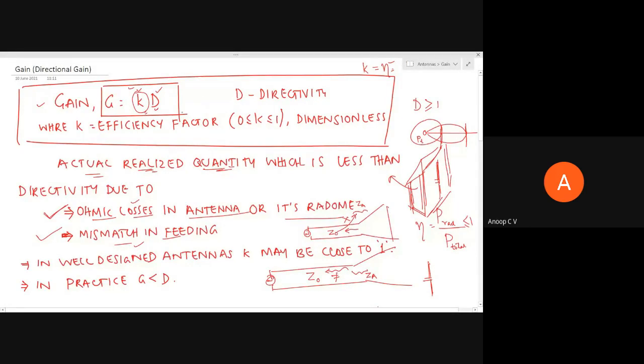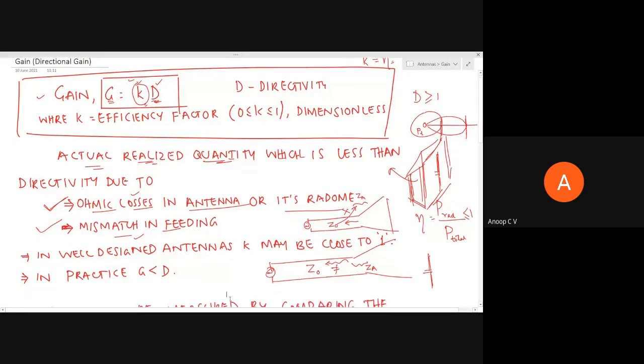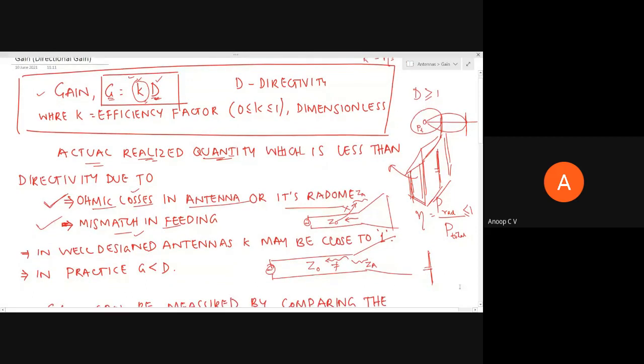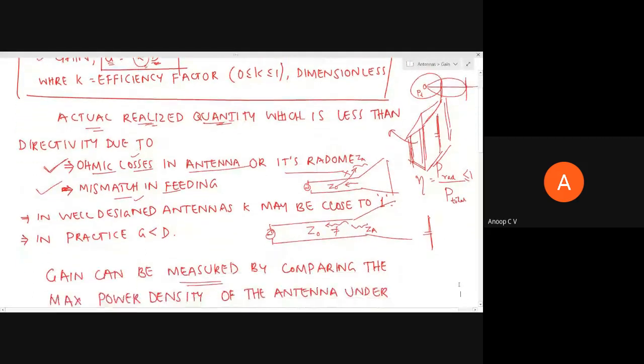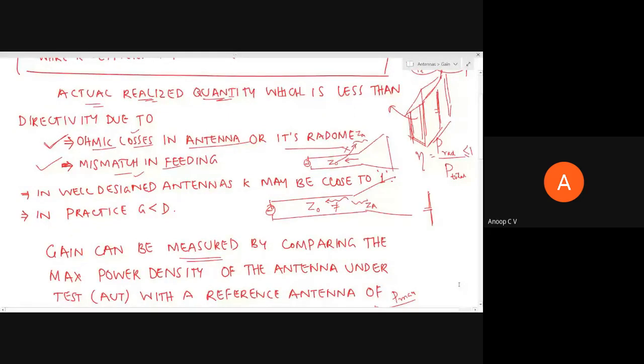So the actual directional gain is G, not D, right? So that is efficiency times D, right? Which means, when we found 4 pi by omega is equal to 6, the actual meaning is that directivity is 6.